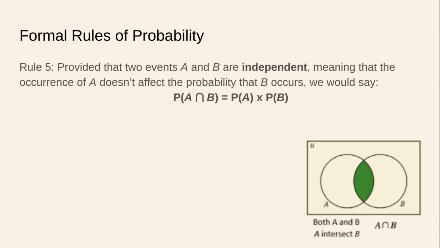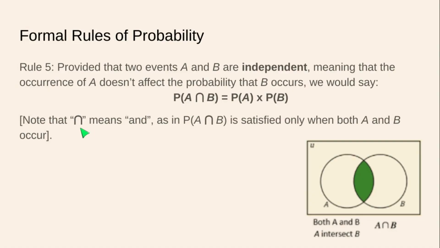Provided that two events A and B are independent, meaning that the occurrence of A doesn't affect the probability that B occurs, we would say the probability of A intersect B, or A and B for short, would be equal to the probability of A times the probability of B. All right, so this is kind of like the addition rule, except instead of saying the probability that A or B occurs and the event is fulfilled, A and B both need to occur for the event to be fulfilled. And in that case, we would use multiplication.